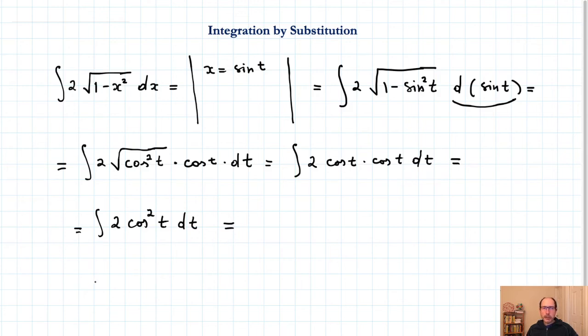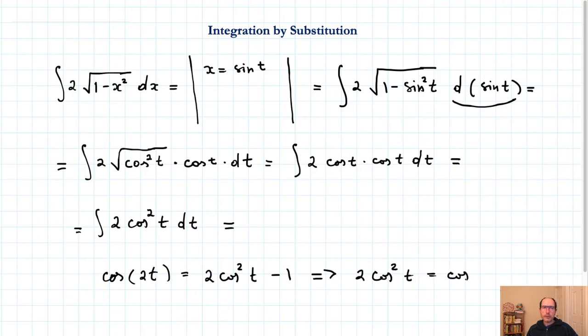The next step is to use another trigonometric identity. The double angle formula for cosine says the following: cosine of 2t equals 2 cosine squared t minus 1. And from here, we can find that 2 cosine squared t equals cosine of 2t plus 1.